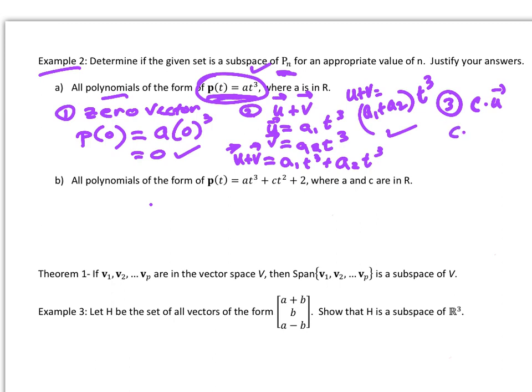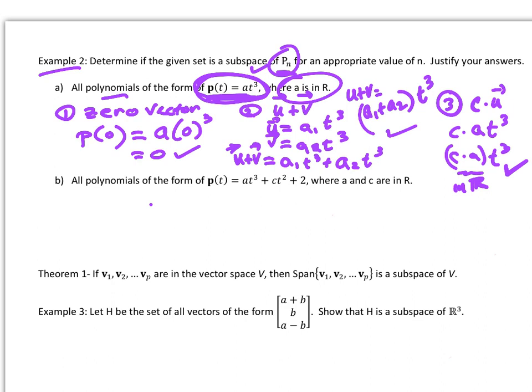So if I go c times a times t cubed, this is just going to be (c times a) t cubed. A is in the set of reals. This, real times real, is going to be in R as well. So therefore, check. So what does that tell us? Well, it tells us that a polynomial of this form is going to be a subspace of the set of all polynomials.